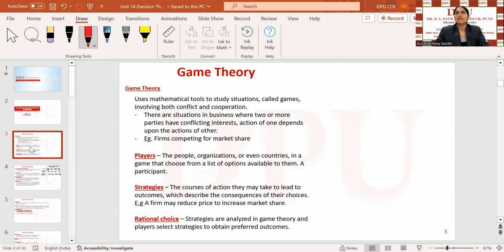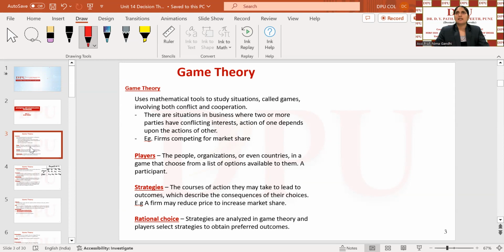In this unit we are learning about the two-party zero sum game, but they can be more than two parties. We are not going into detail for multi-party games. In your book, whatever is explained under game theory is the two-party zero sum game.